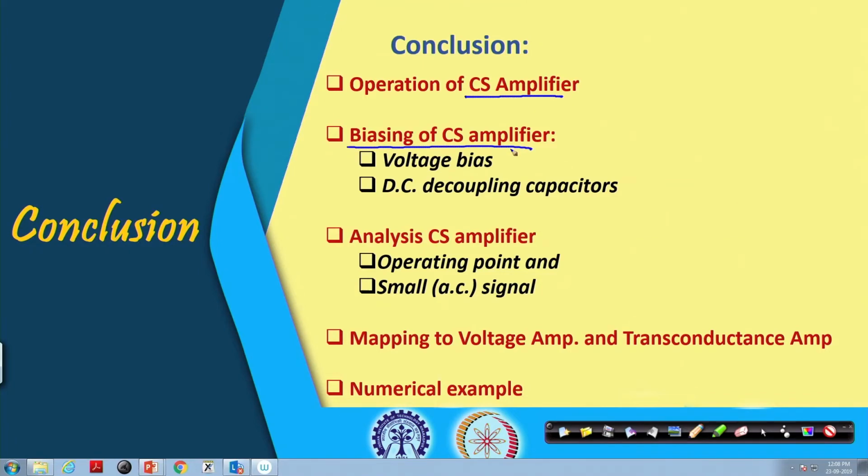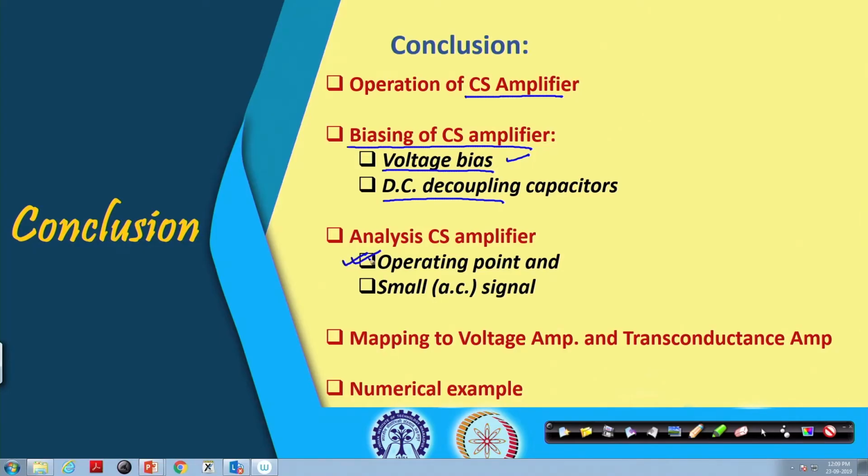Since the gate node has 0 current, it must be through voltage bias, and along with the voltage bias, which is obtained by the potential divider R1 R2 from the VDD, we need to consider signal coupling capacitors at the input port and output port. And then we have discussed the DC operating point analysis.